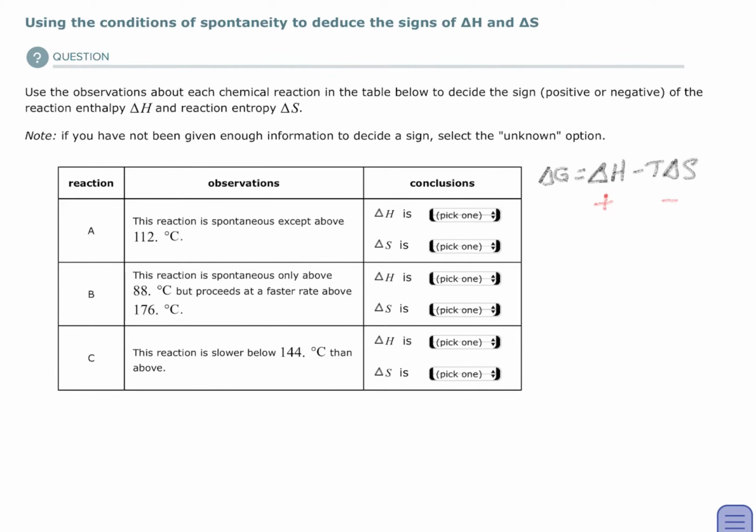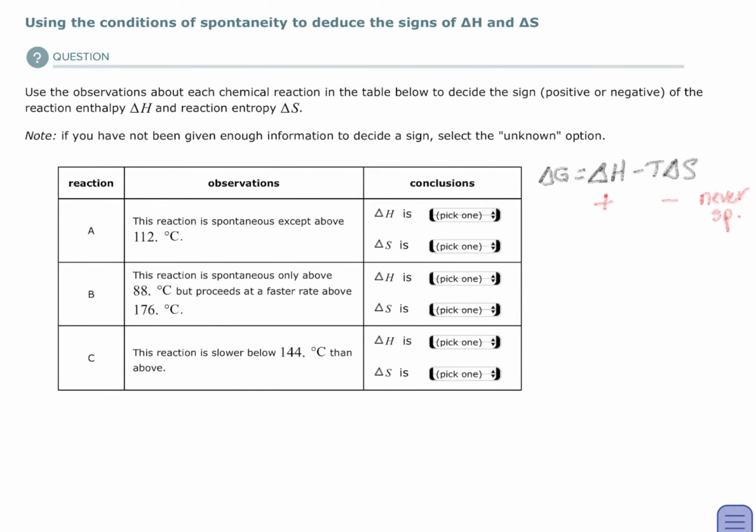So the first part of this equation is positive, the second is positive. That means delta G has to be positive, and if delta G is always positive, it will never be spontaneous. So when it tells you that it's spontaneous, it can't be this configuration.